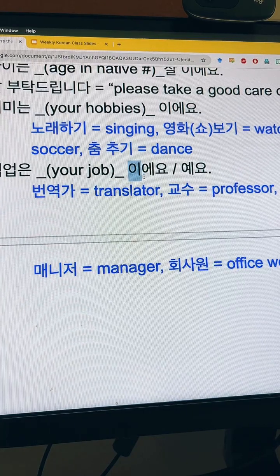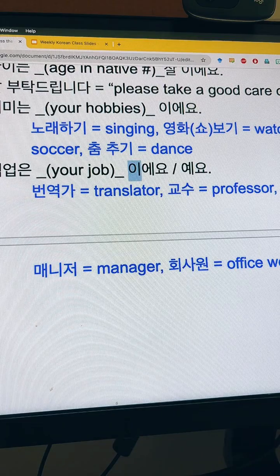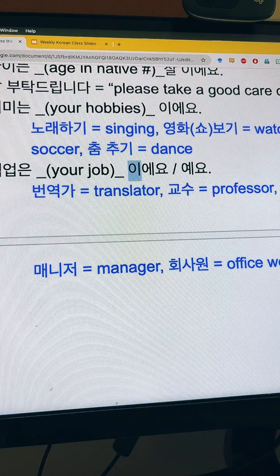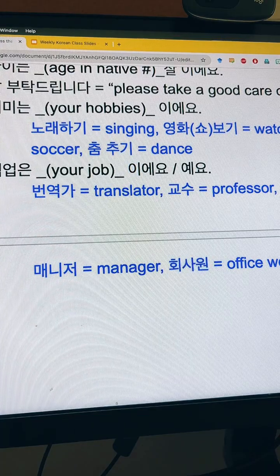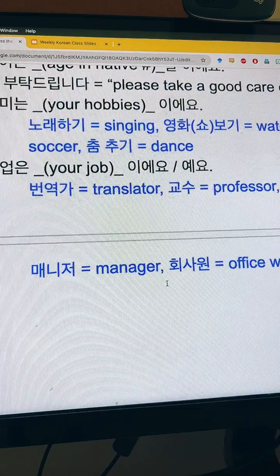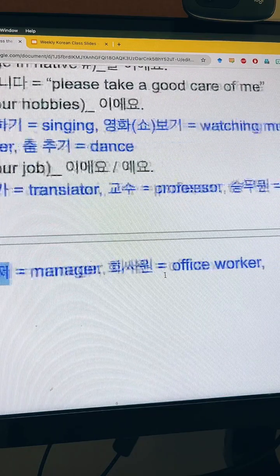That's how you want to pronounce it. Try that. 회사원이에요. And I think overall in Korean you don't have to like emphasize each syllable. Just kind of let it flow. 네.